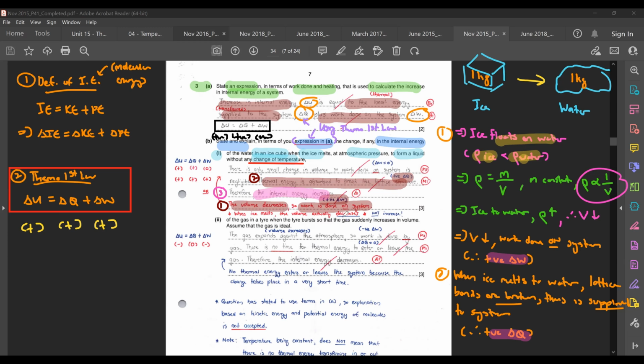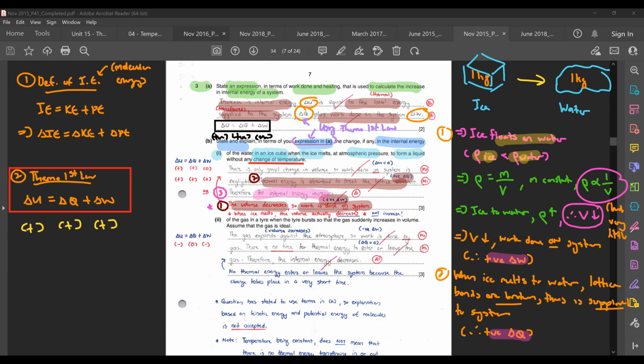Okay. Now, there's also another separate answer that you can write in place of number one. Sometimes they could also tell you this. Your marking scheme actually accepts both. When I explain the volume change for ice to water, it is correct to say that the volume decreases, but it's very little.